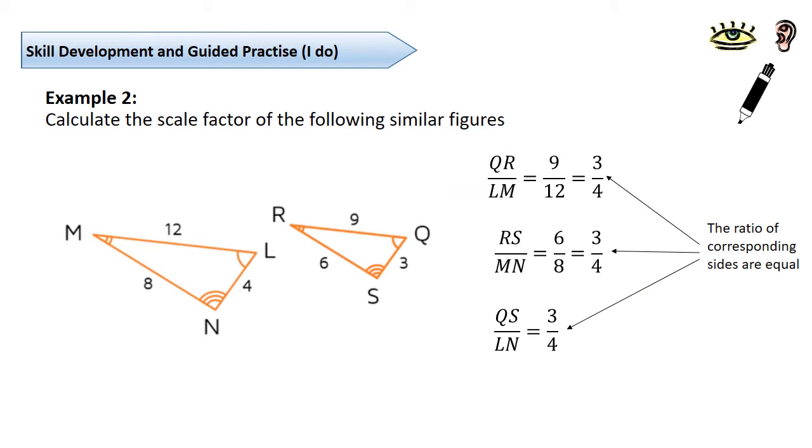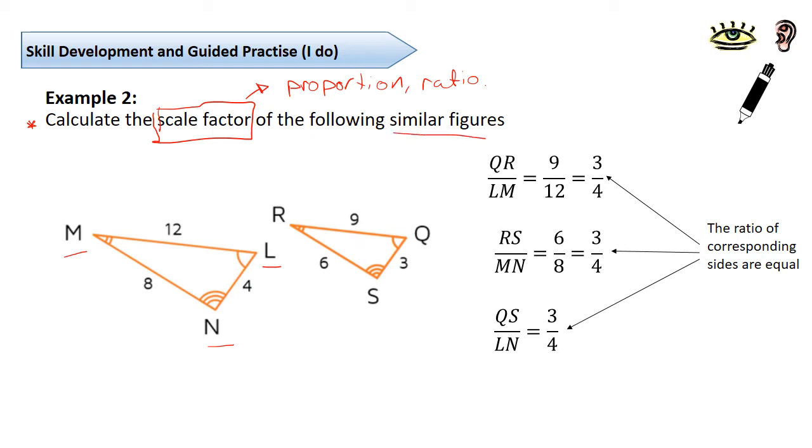What we have here is we're trying to calculate this scale factor, because that is that proportion. That is the ratio mentioned on the previous slide, okay? Down here we have triangle L, M, N, and our question asks us to calculate the scale factor of the following similar figures.